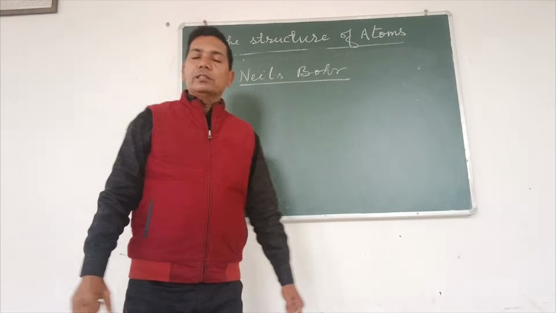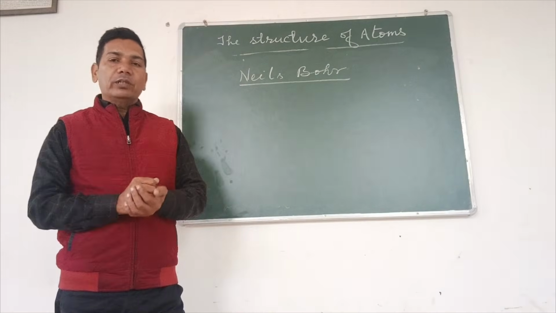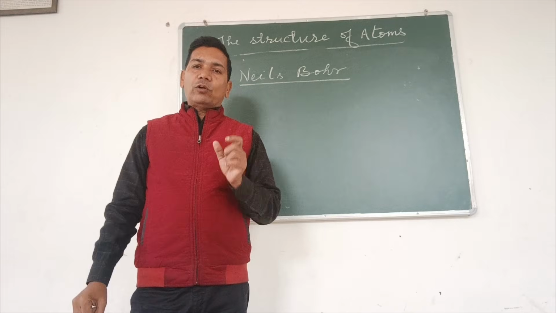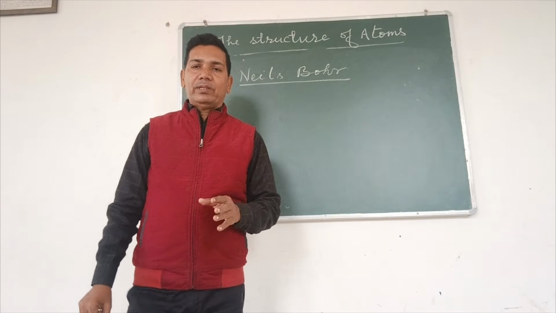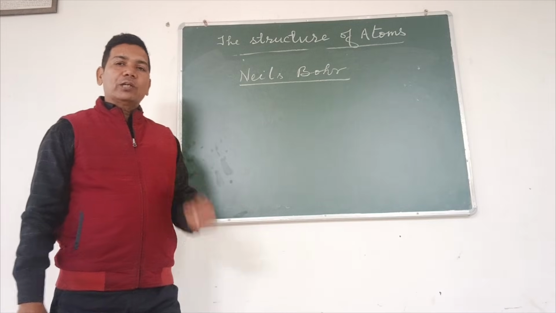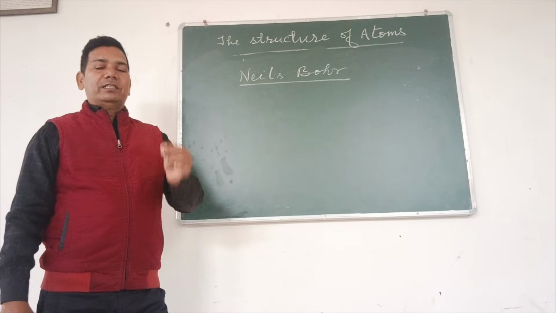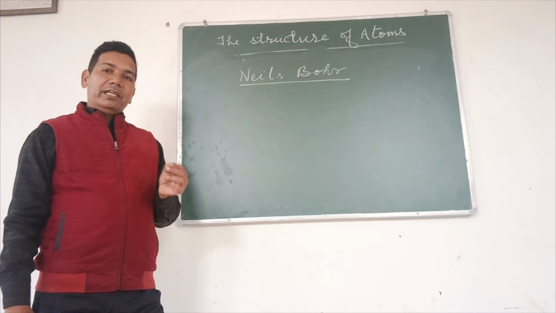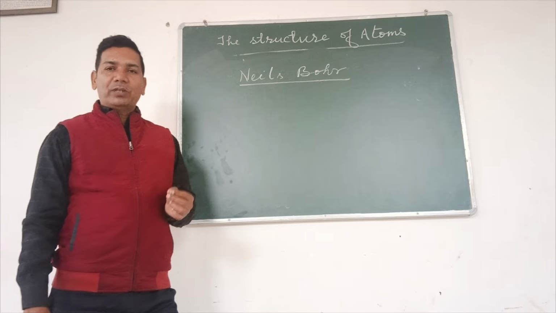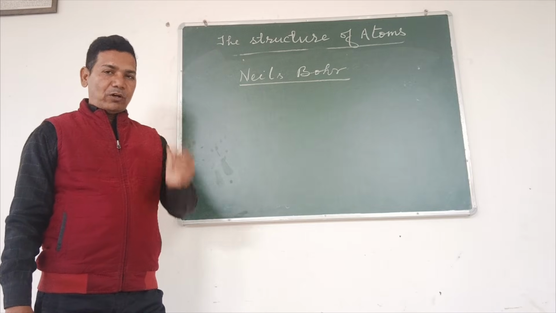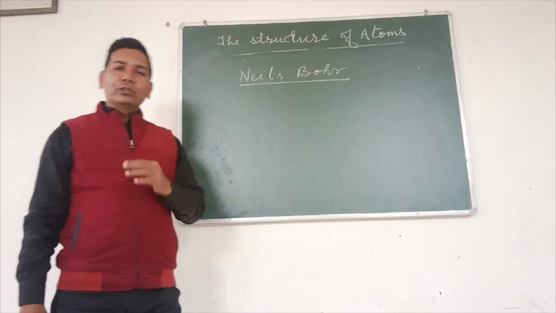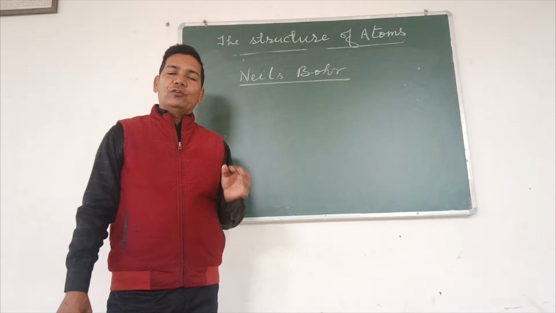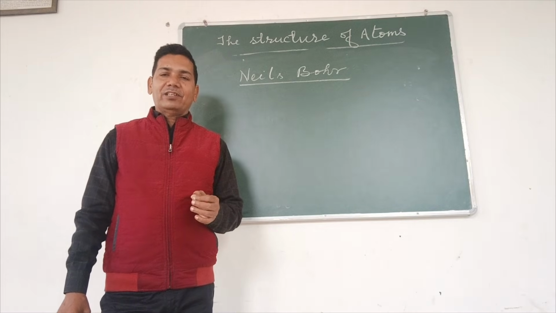According to Niels Bohr, the electrons still move about the nucleus in an atom, but they don't move with their own energy. Rather, they receive energy from the orbit, and by that energy they move, so there is no chance of them falling into the nucleus.